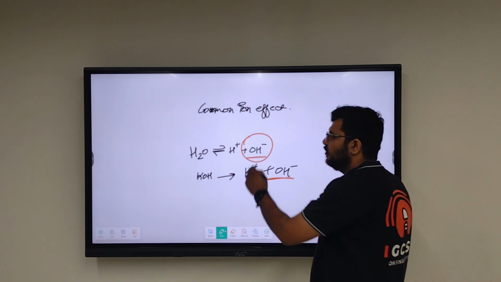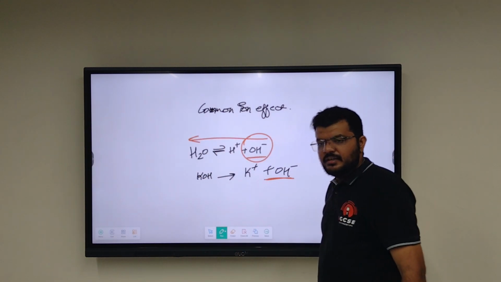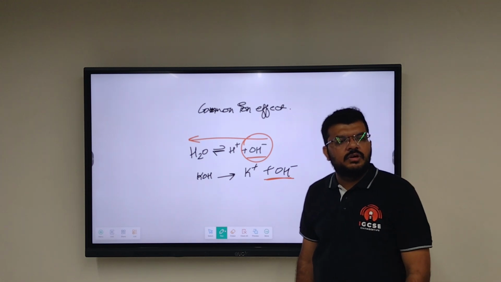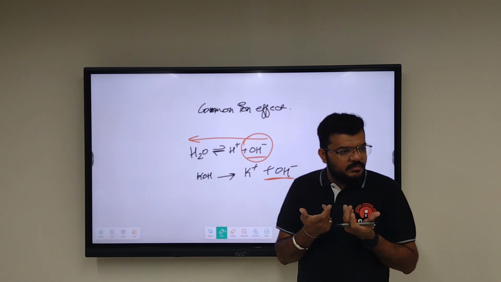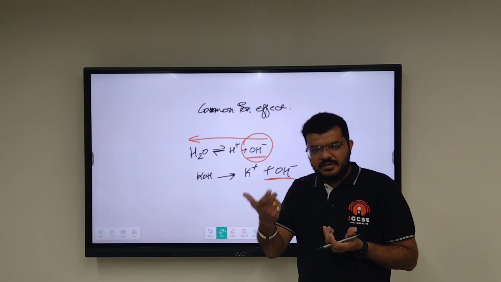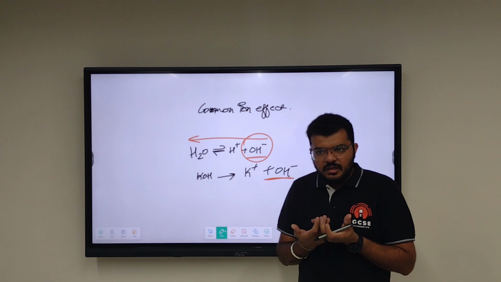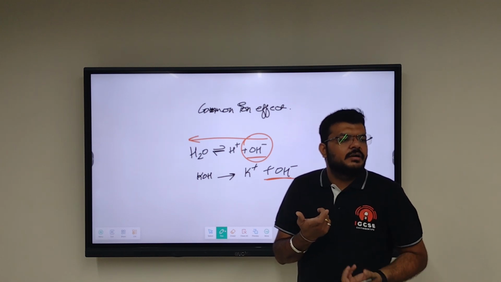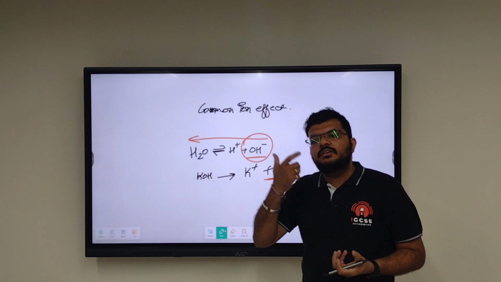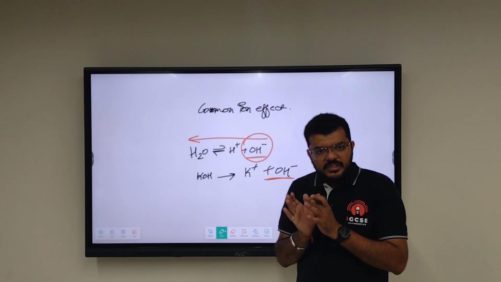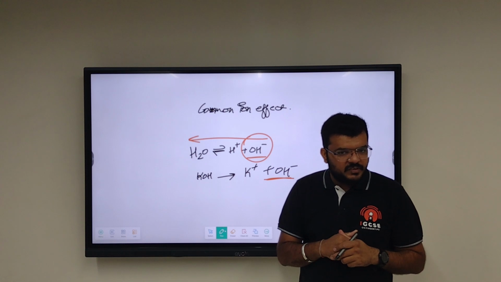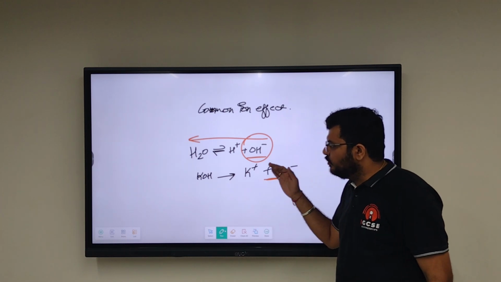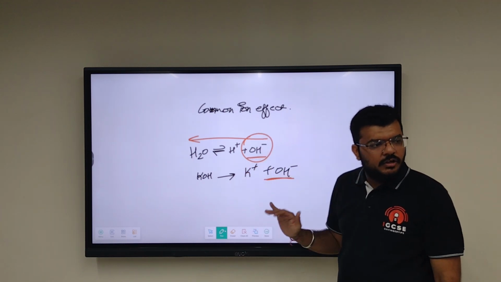What will happen? Here the concentration of OH minus increases, so the reaction will go to the left-hand side, right? And therefore the equilibrium between H plus and OH minus ions also exists, 10 to the power minus 7 mole per dm cube for both. What will happen? The H plus ion will decrease. The OH minus ion we already added, so it will stay, but the amount of H plus ions will decrease, right? I took a base and water, but what is the common ion effect?